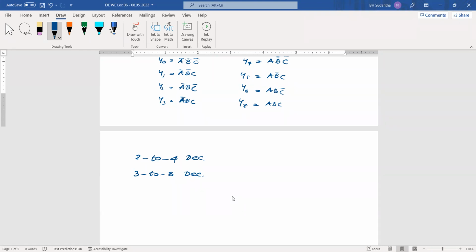Then for these 8 input combinations, we have 8 output lines. Likewise, the next expansion will be 4 to how many? It will be 4 to 16 decoder. Okay, next one, 5 to 32 decoder.